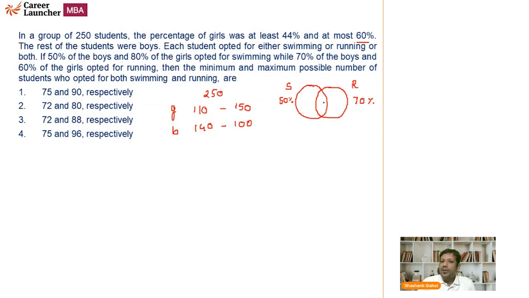And the total sum is 100%. So what is this value? Intersection comes out to be 20%, right? Because 50 plus 70 is 120. So the intersection should be 20%. This is for boys. If I talk about girls, so again, I have swimming. Then I have running. 80% of girls opted for swimming.